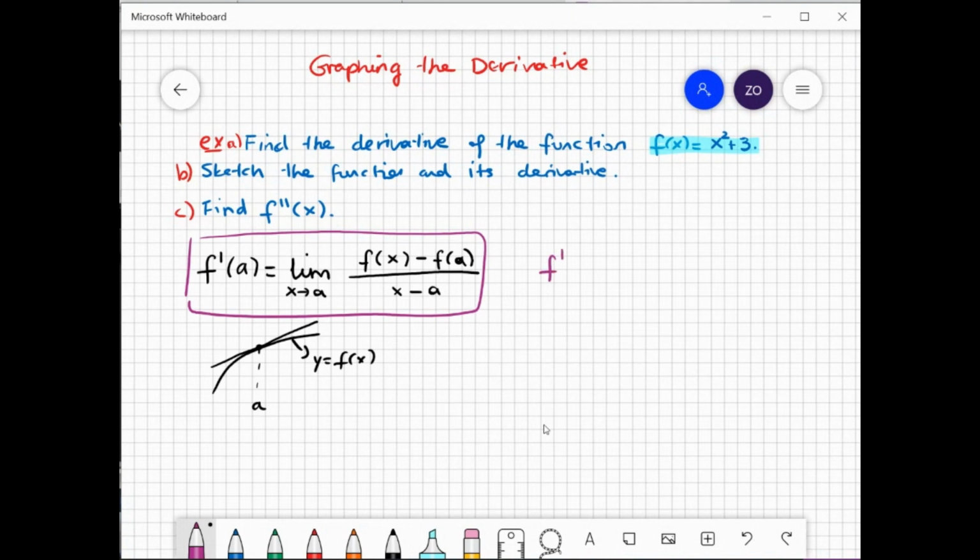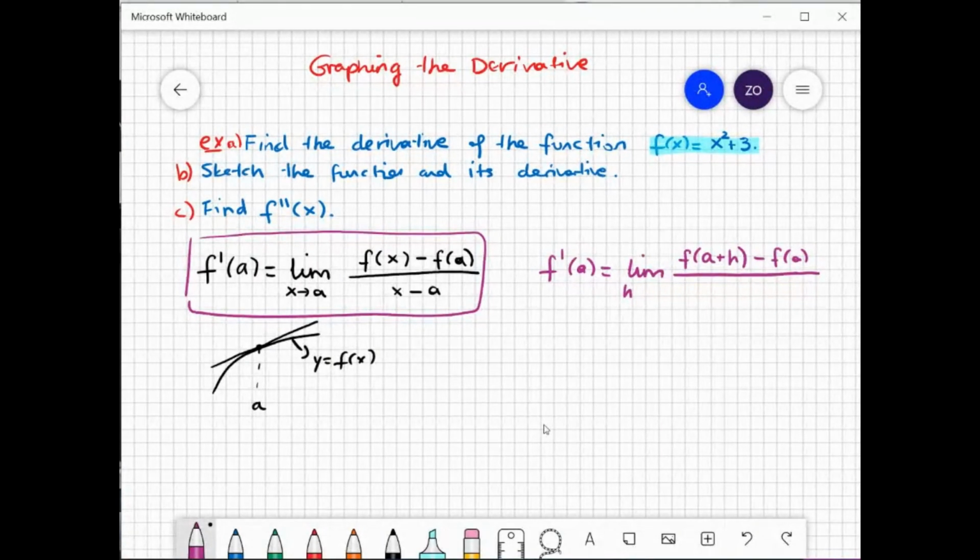And we also used another expression which gives us the same result. We said that we can just measure the distance between x and a, and we call it h. So just pick a little distance h and evaluate the function at a and at the point a plus h.